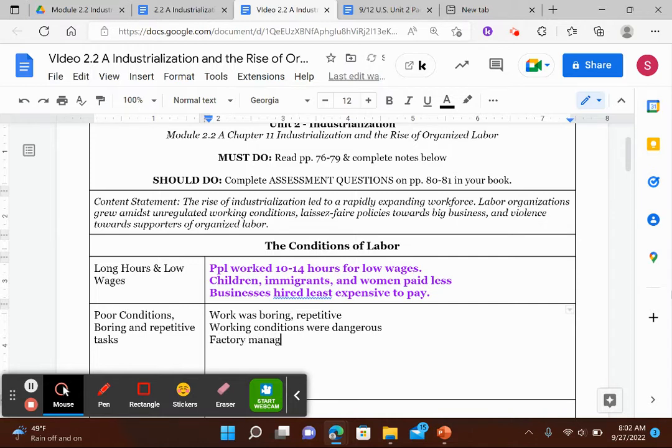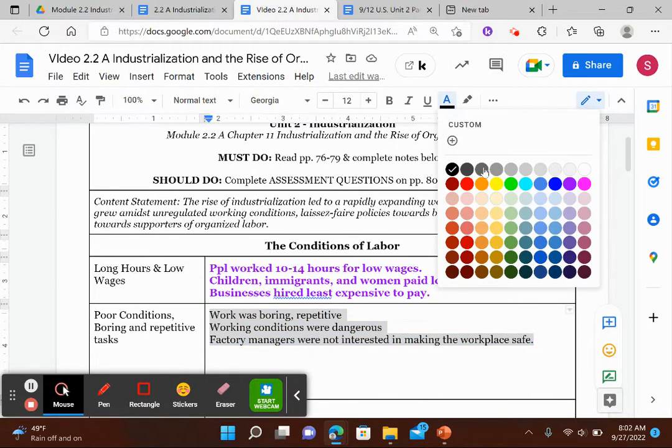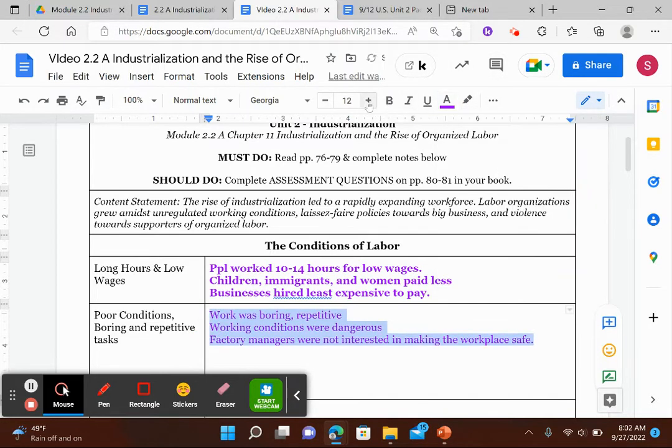Factory managers were not interested in making the workplace safe. And that's because that cost money, and they were not interested in spending more money. They really wanted to get the cheapest workers to do the most dangerous work for very little pay.